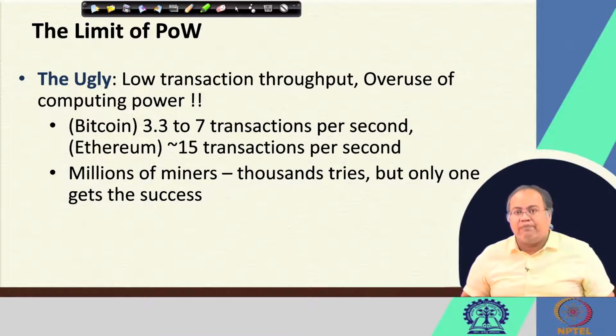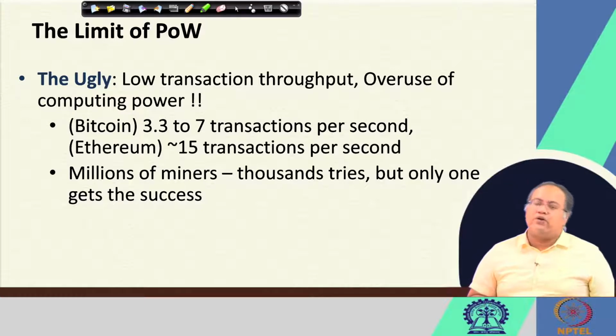Another problem that I mentioned is the overuse of computing power. If you look at the Bitcoin network, there are millions of miners. You can assume that at most 1,000 or 5,000 of them are active simultaneously.